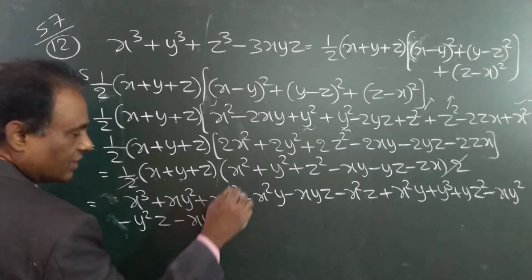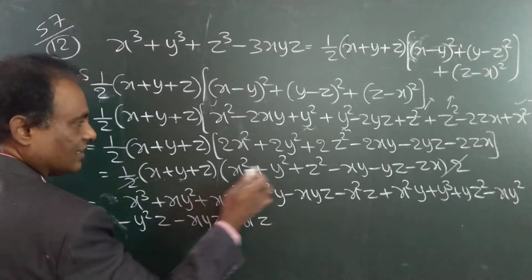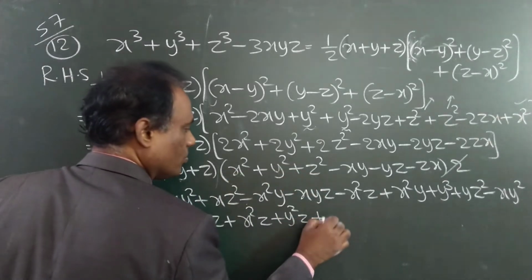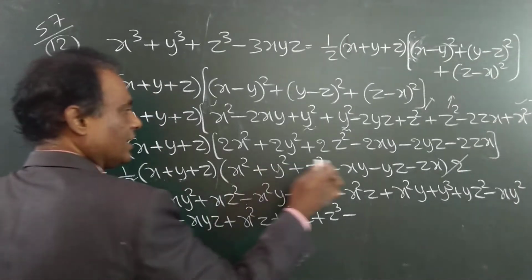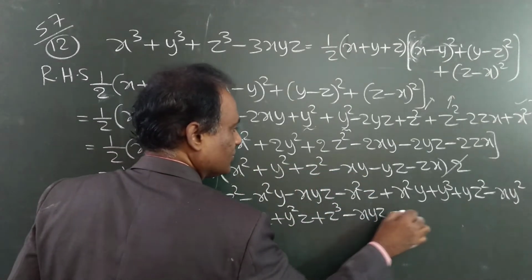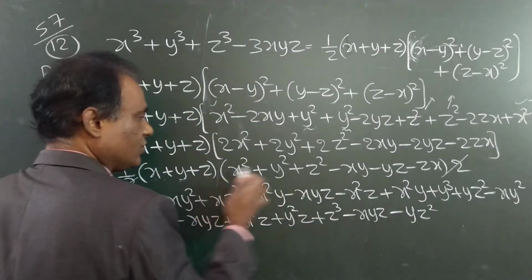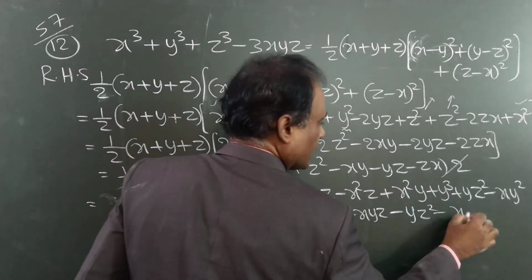Now with z: x square z, y square z, z cube, xyz, yz square, minus xz square.